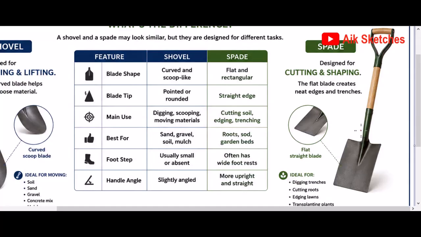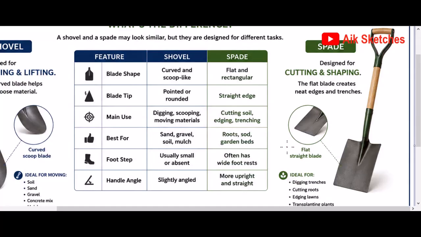Okay, so the next feature is the handle angle. The handle angle of the shovel is slightly angled, while for the spade it is more upright and straight.